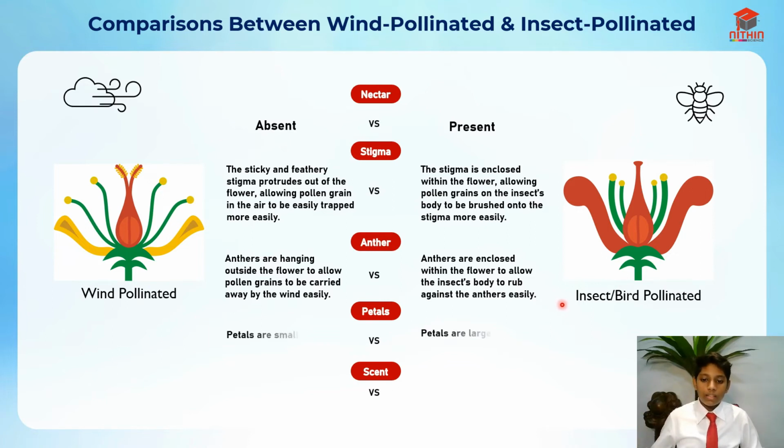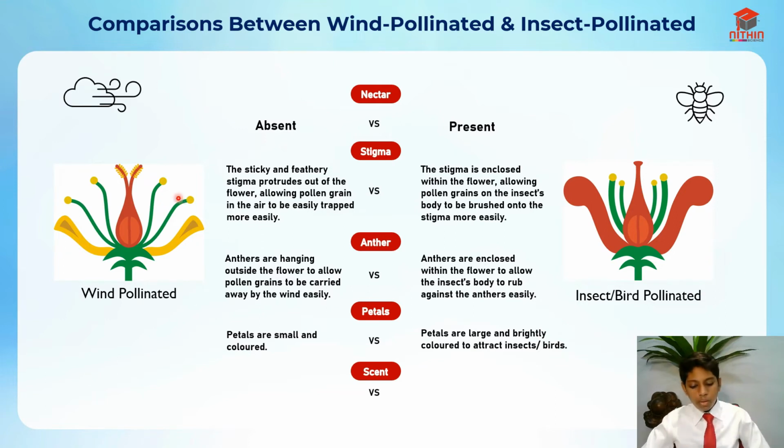Okay. Next, the petals. So for wind pollinated flower, the petals don't make a big difference. The petals are very small and not colored. But the petals of an insect and bird pollinated flower are very large and brightly colored to attract the insects or birds.